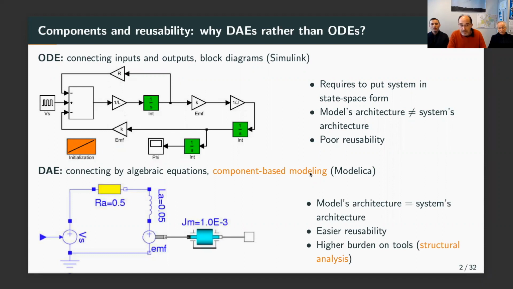In contrast, when you are using DAEs, for instance by using the Modelica language, you can encapsulate the physics of each component of your system into a class. And then your system is just an assembly of a set of instances of classes interconnected by connectors. And the architecture of your model exactly reflects the organic architecture of the physical device that is being modeled.